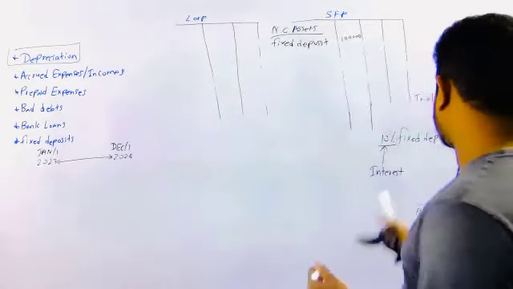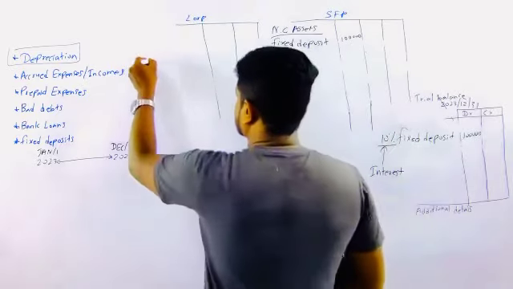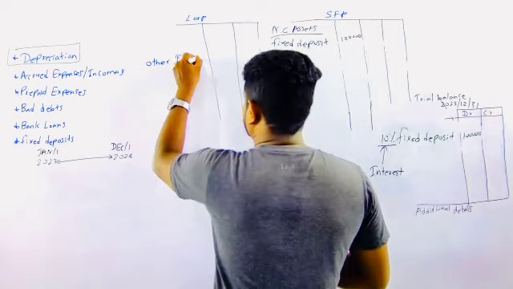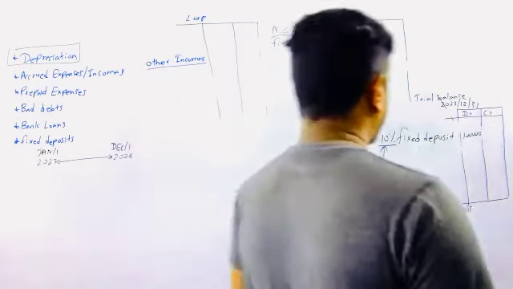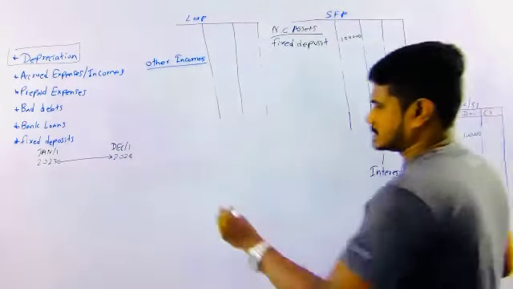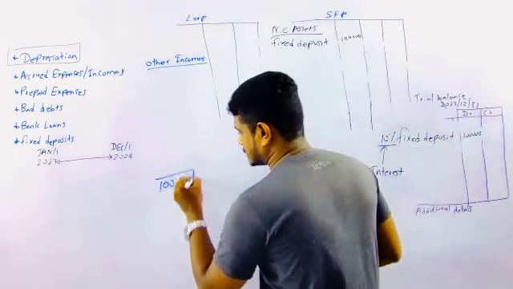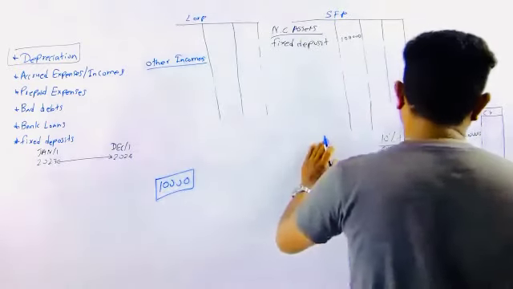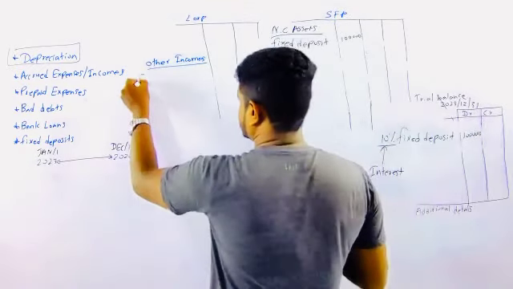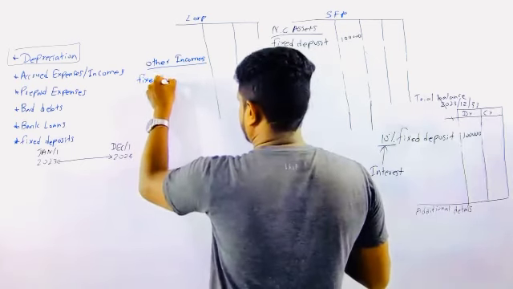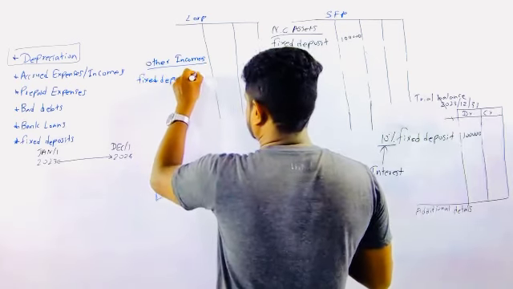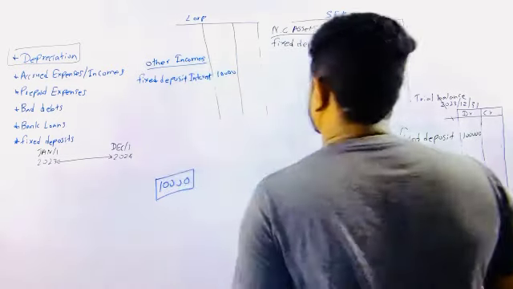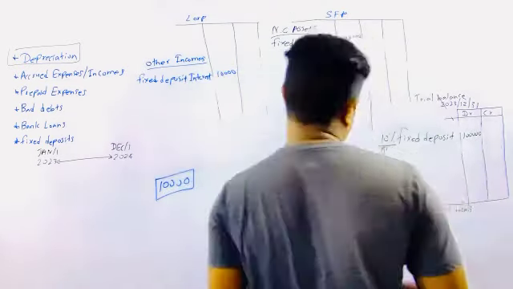So we have to input the interest of fixed deposit under the other incomes of profit or loss. So 10% of 100,000 is 10,000. So this is the relevant income of the fixed deposit for this time period. So we can write this income as fixed deposit interest as 10,000 because this is the real value of real income of fixed deposit, right?